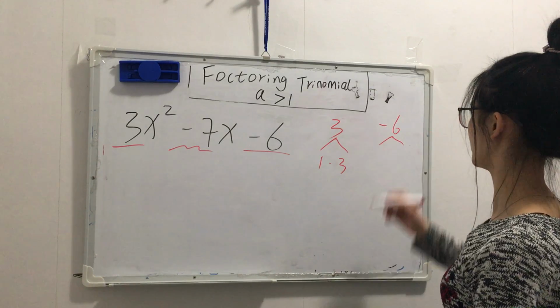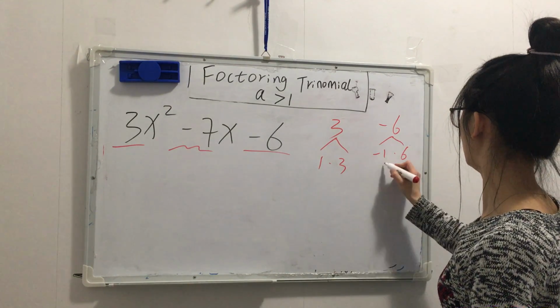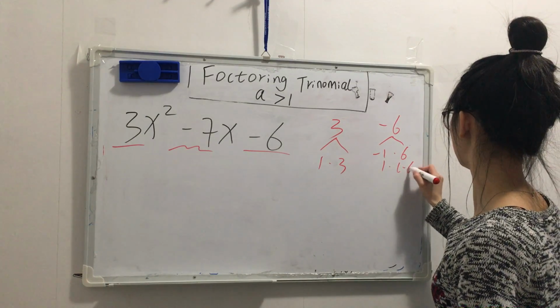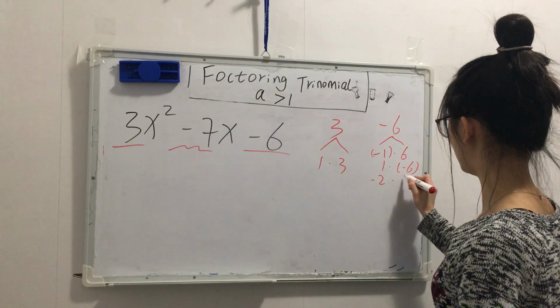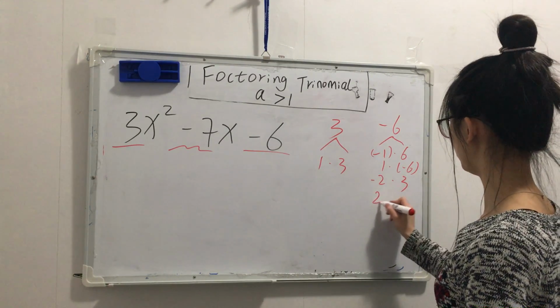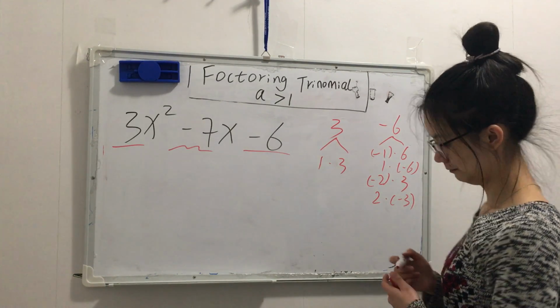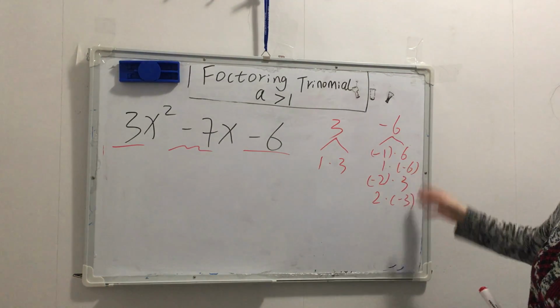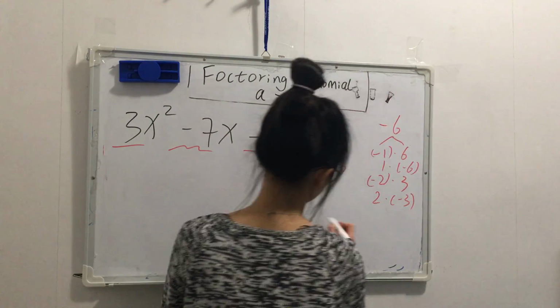What are the factors for negative 6? Negative 1 and 6. Or 1 and negative 6. Okay. What else? Negative 2 and 3. Or 2 and negative 3. Those are the options.